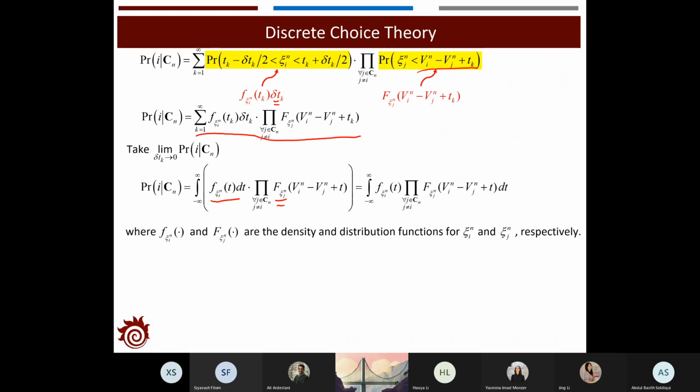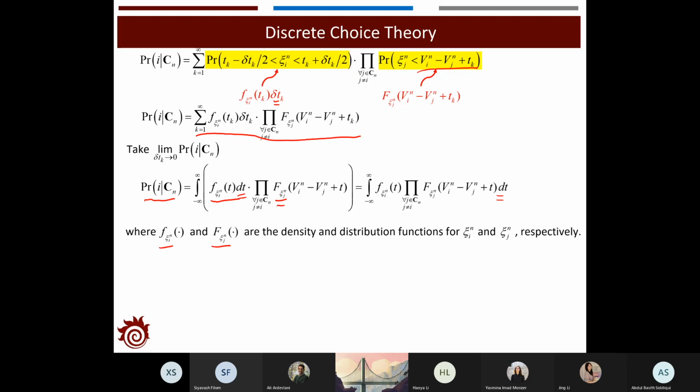You can do a simple conversion to move the dt to the right end of this expression, and those would be in this equation. You can see that we need to know the formulas of f, the probability distribution function, and capital F, the cumulative distribution function, in order for us to find the expression of the probability.